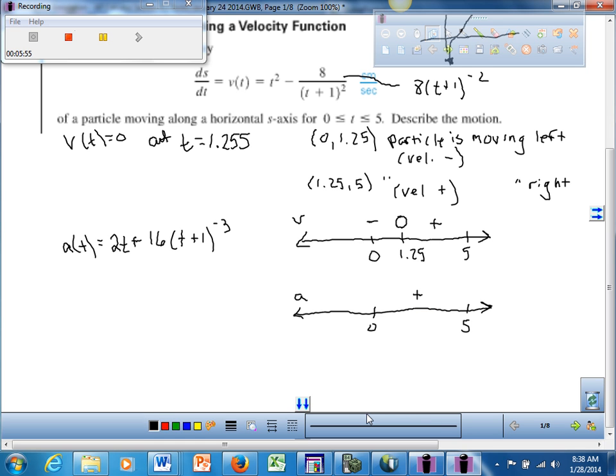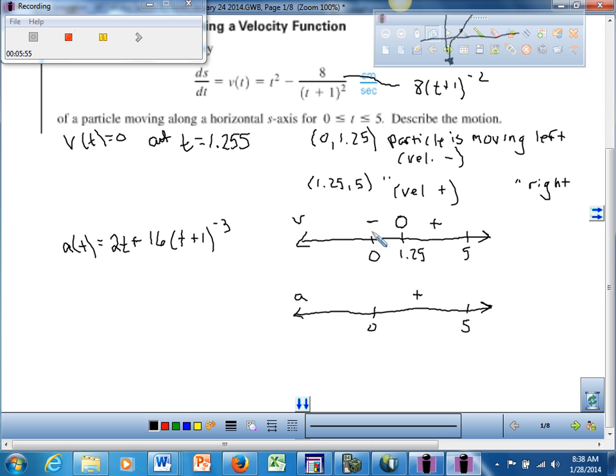Can you tell me now the interval for which this particle is speeding up? 1.25 to 5, and why? It's all positive, so it's just faster, and on the other side, it has to slow down and change direction.